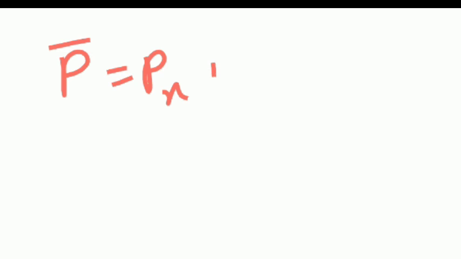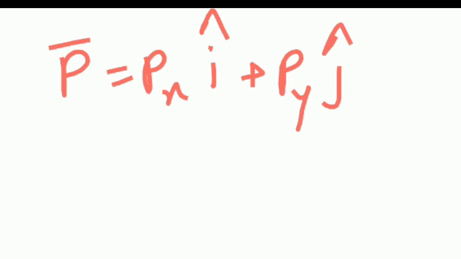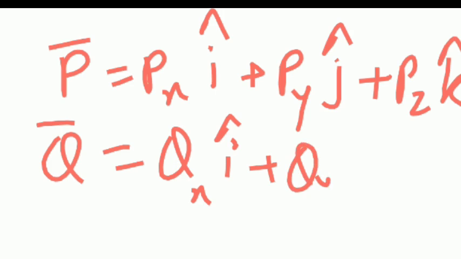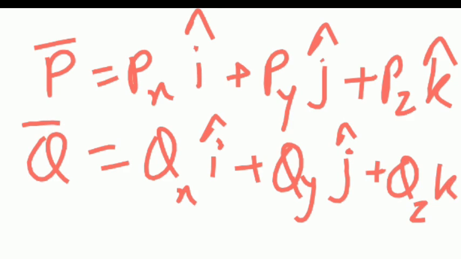There is another definition for dot product. Suppose we have vector p equal to px i cap plus py j cap plus pz k cap, and q bar equal to qx i cap plus qy j cap plus qz k cap.